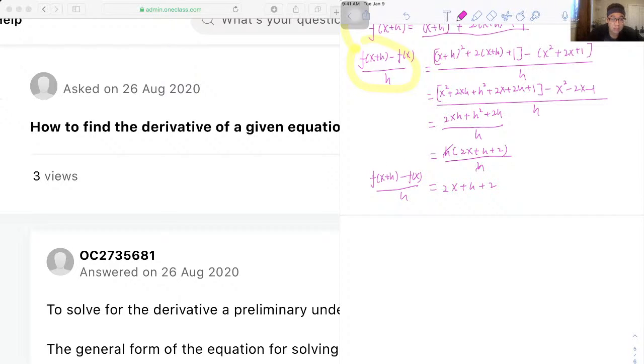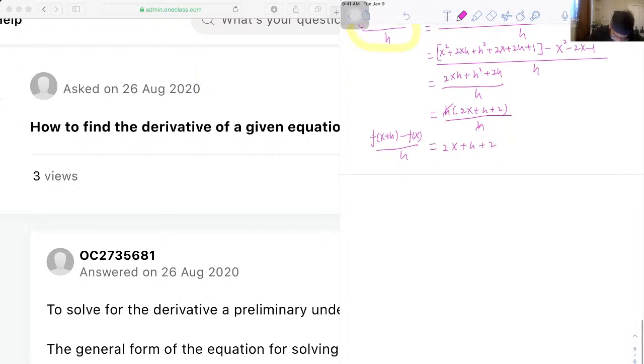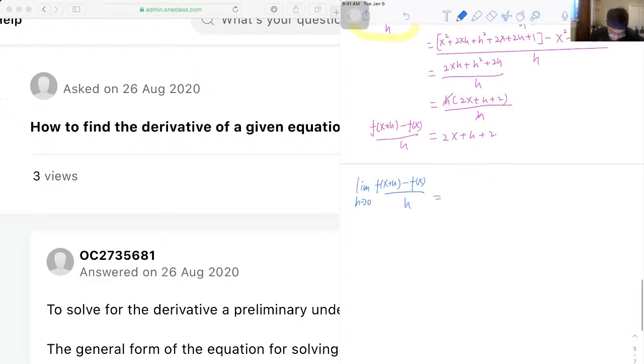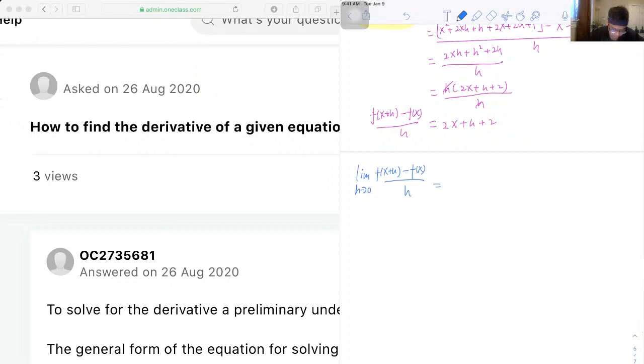So now with this simplified expression, we can take the limit as h approaches 0. So let's write that down. The limit as h approaches 0 of f(x plus h) minus f(x) over h is equal to the limit as h approaches 0 of 2x plus h plus 2.